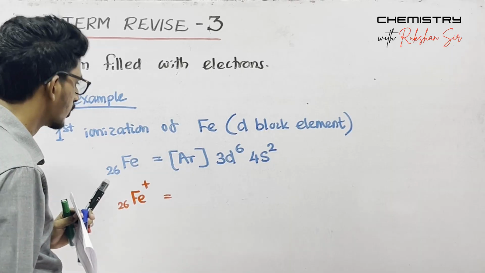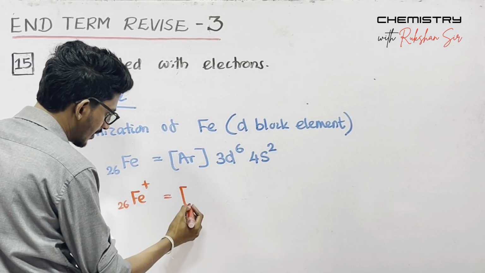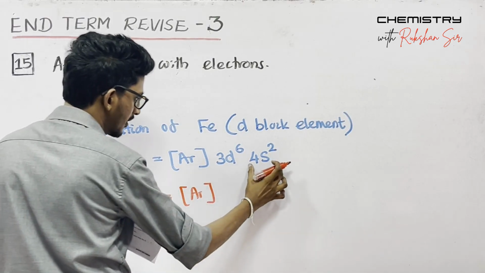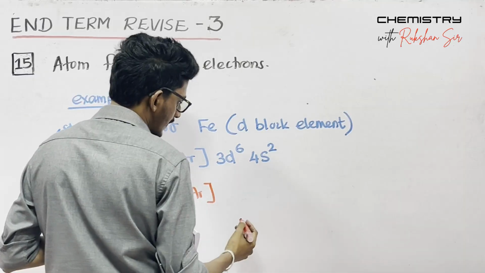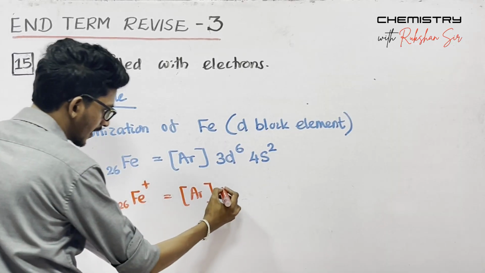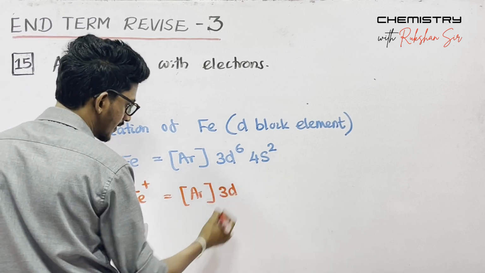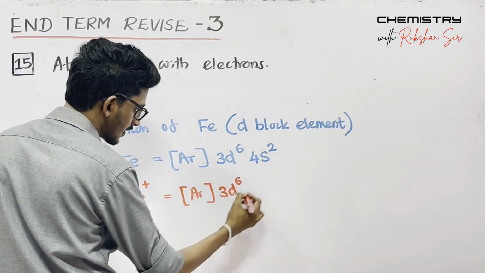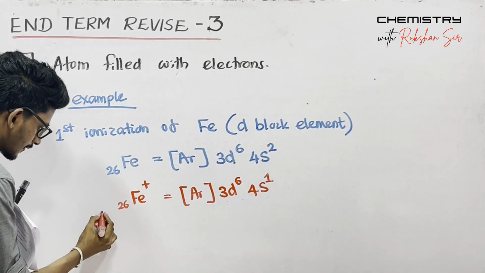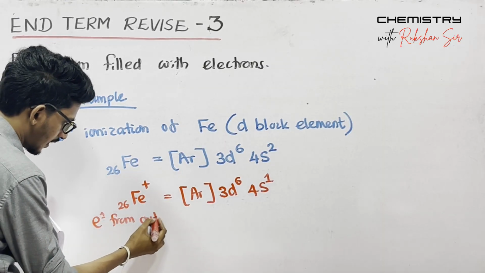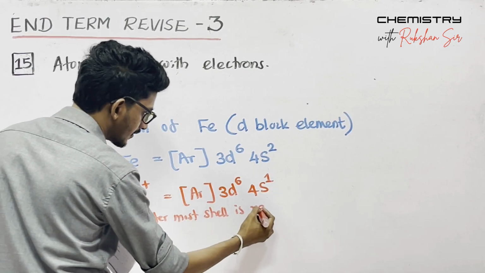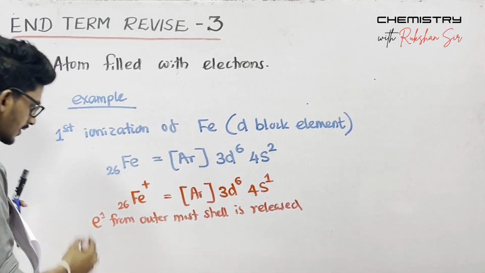So the electron configuration of Fe+ is going to be 3d6 4s1. The outermost shell electron is released.